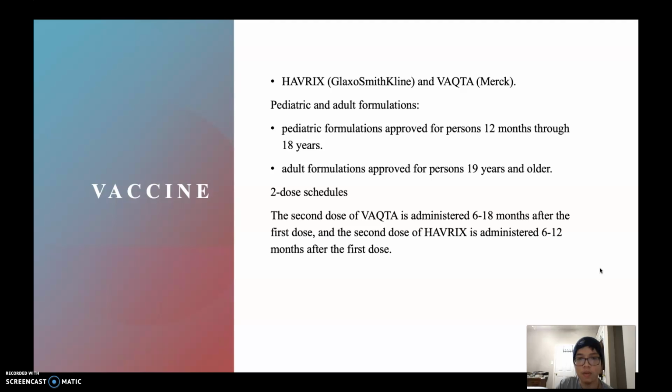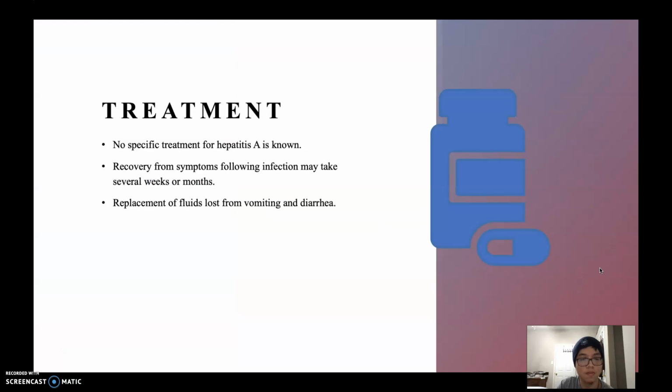Their formulations are the same: pediatric formulation approved for persons 12 months through 18 years, and adult formulation approved for persons 19 years and older. They are approved for 2-dose schedules. The second dose of VAQTA is administered 6 to 18 months after the first dose, and the second dose of HAV-RIX is administered 6 to 12 months after the first dose.